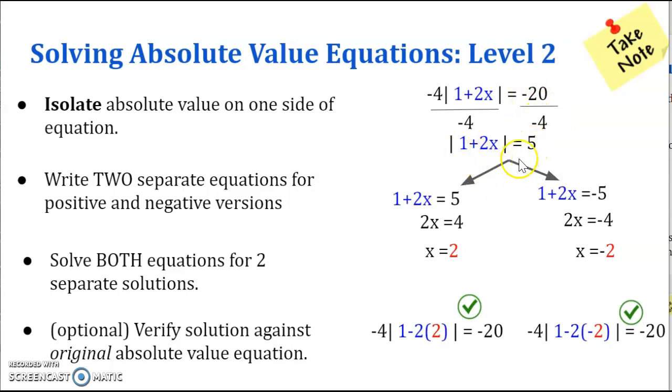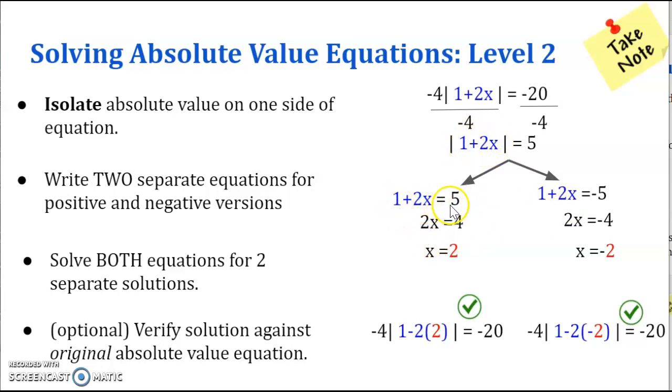And then from here, it's just the same thing that we've been doing in level 1. You separate the two equations, what's inside to be equal to the positive version and to be equal to the negative version, because what's inside the absolute value could be positive or negative. So when you do that, then you start solving.